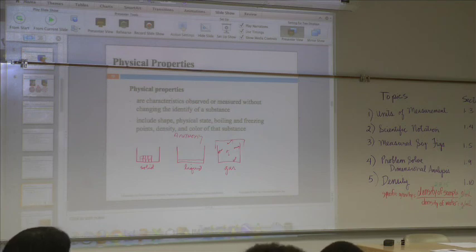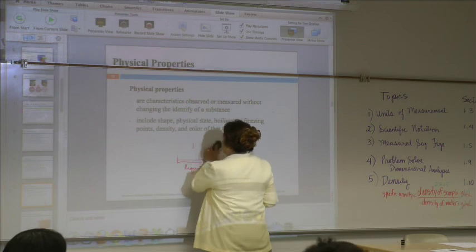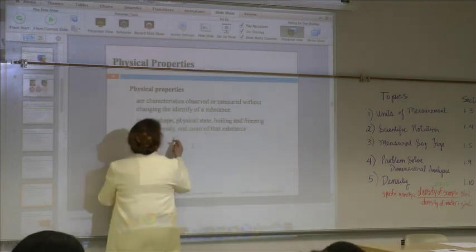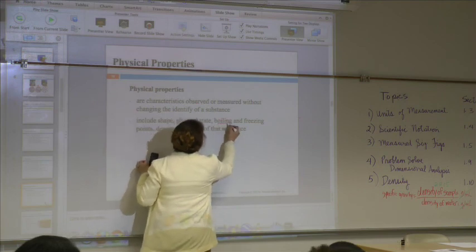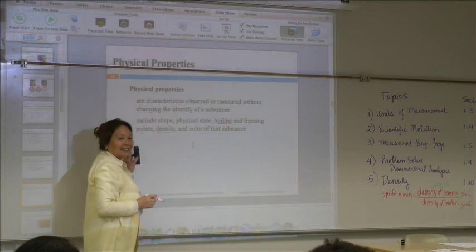So physical properties are very, very important. And what are the different types of physical properties? Physical properties can be the boiling point and freezing point. See, there's our density, right?